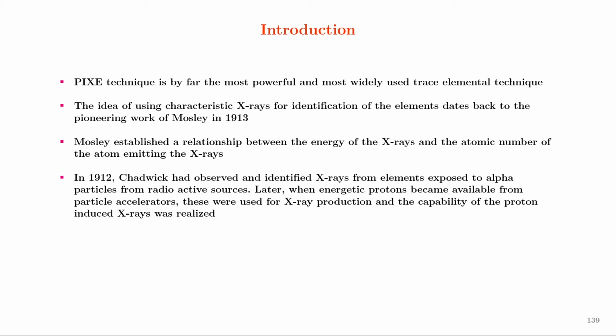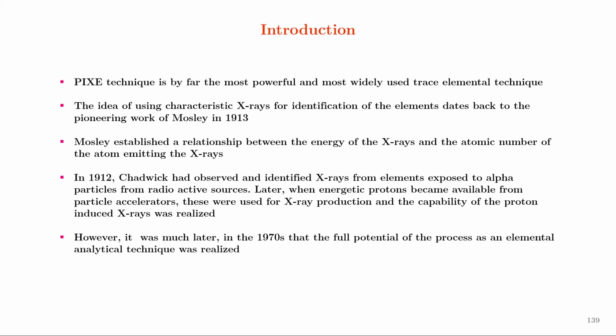Later, when energetic protons became available from particle accelerators, these were used for X-ray production and the capability of the proton-induced X-rays was realized. However, it was much later, in the 1970s, that the full potential of the process as an elemental analytical technique was realized.